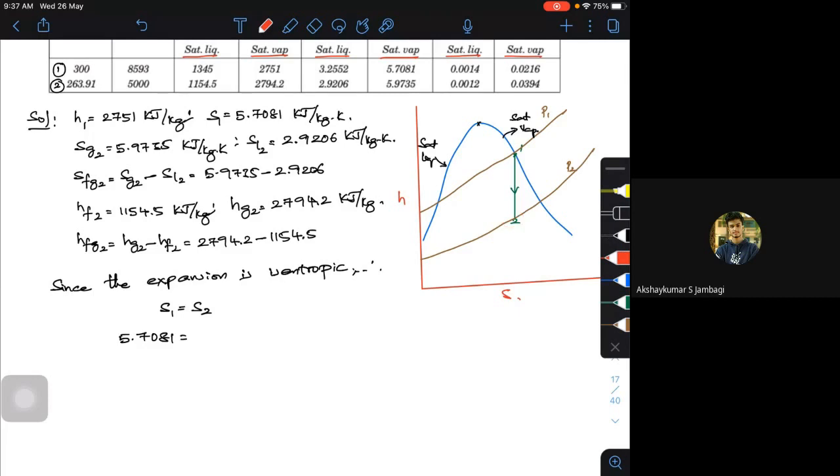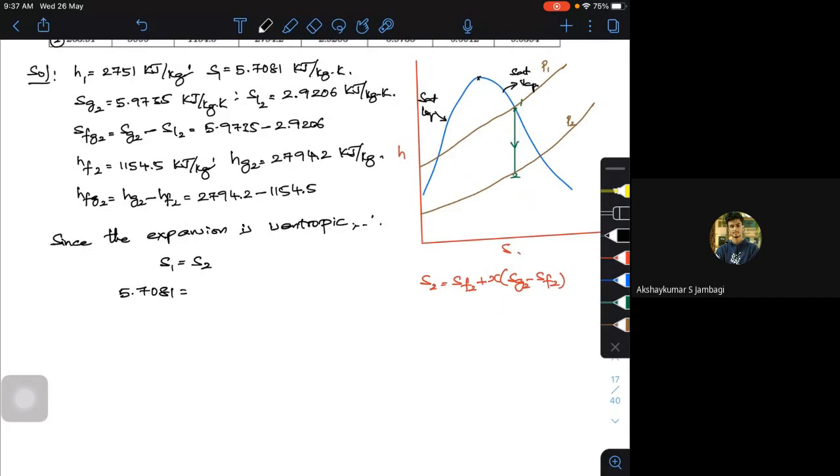So it should be Sf plus x into Sg minus Sf. The formula for S2 is equal to Sf2 plus x into Sg2 minus Sf2. This is the formula I am supposed to use. What is your Sf2, or S liquid 2?